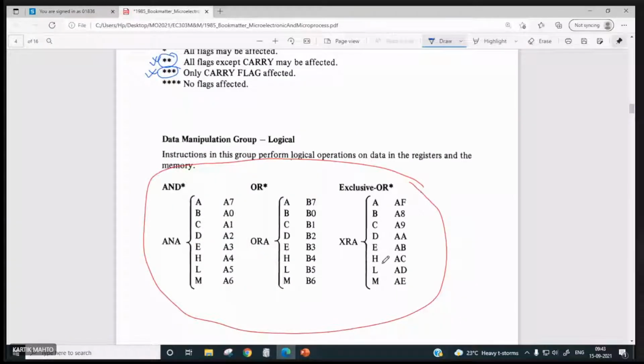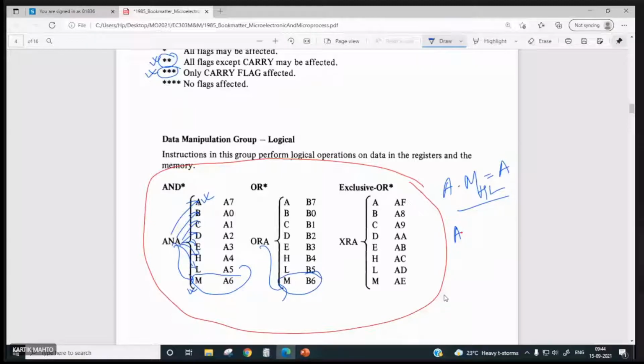Of course, now no need to explain all these things. Logical operation will be performed between the accumulator and the operand register: ANA A, ANA B, ANA C, ANA D, ANA E, ANA H, ANA L, ANA M. In this case, the accumulator will be ANDed with the memory content of the memory location pointed to by HL, and the result will be stored in the accumulator. Similarly, ORA M, A OR with M(HL), and it will be stored over here.